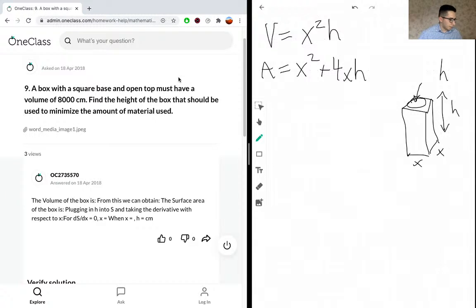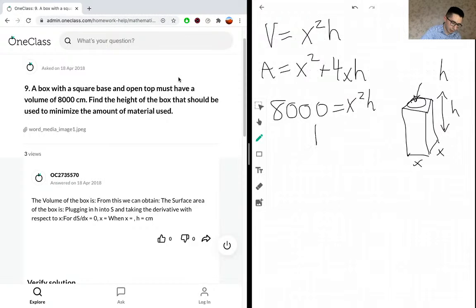So now we can substitute the volume given to find the value for height. So here we have 8,000 equal to x squared h.